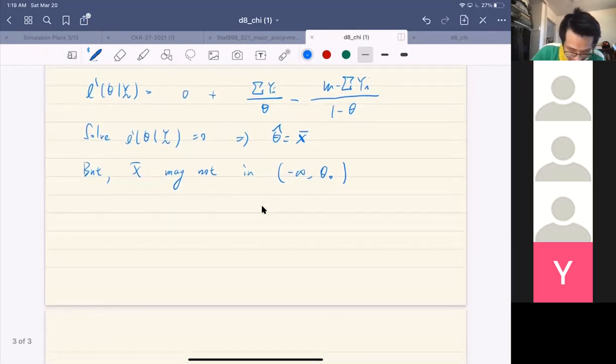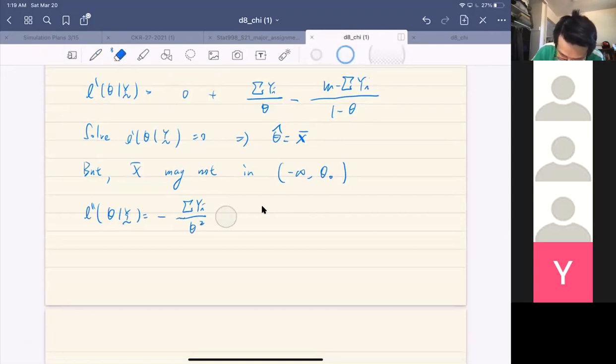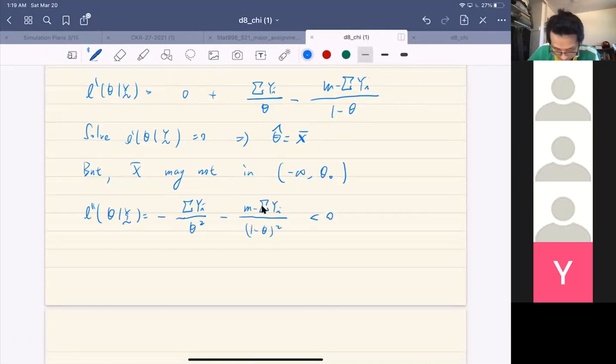We can take the derivative again, and you see that this term is also negative.